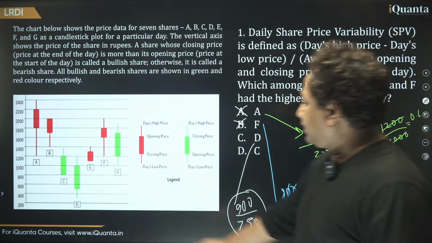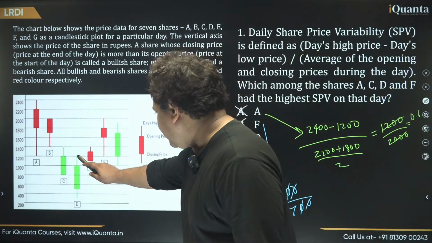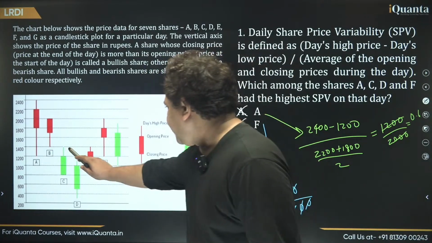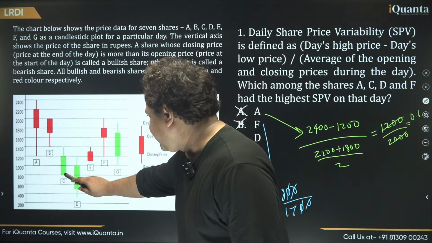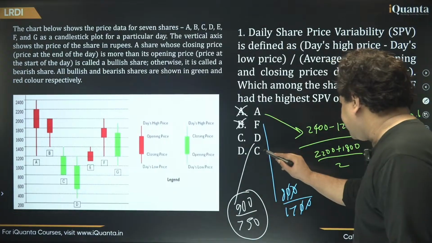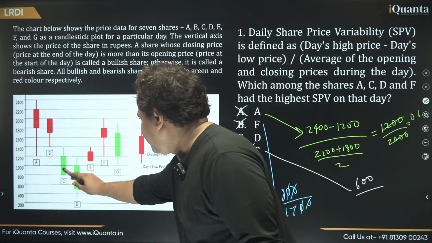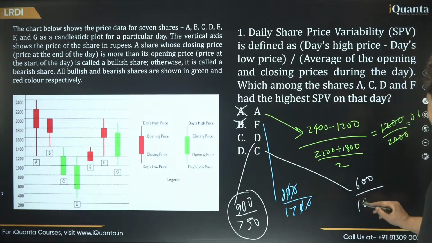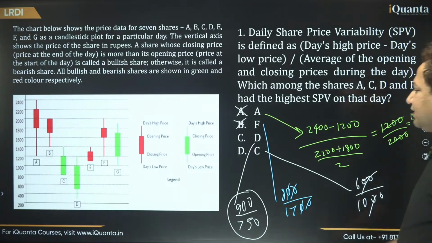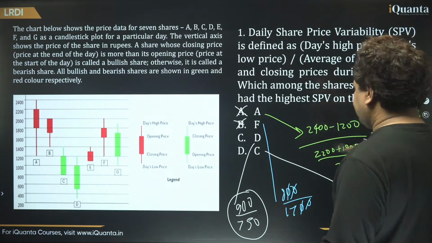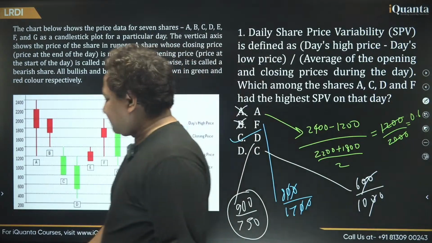High price 1400, low 800. C का. 14 minus 8 is 600, and the average here, if you calculate, will be 1000. That is again 6 by 10. So obviously D is the largest one. We don't even have to calculate it. Is that clear?